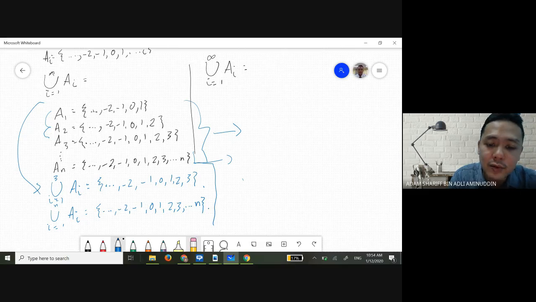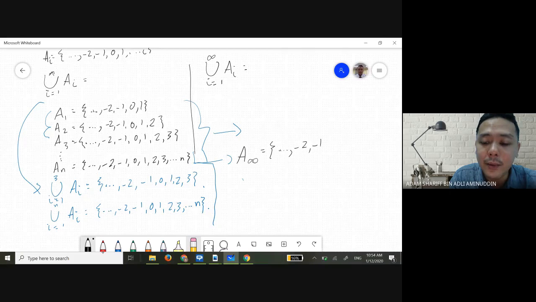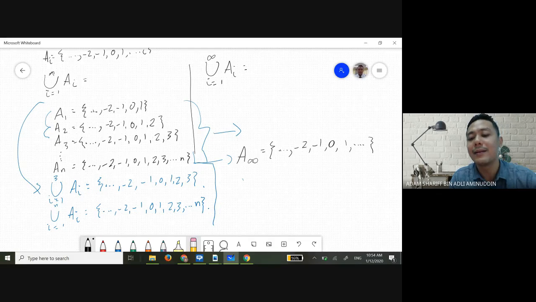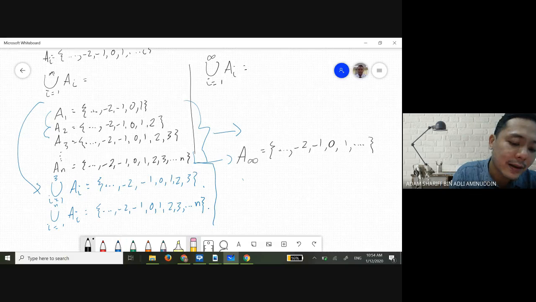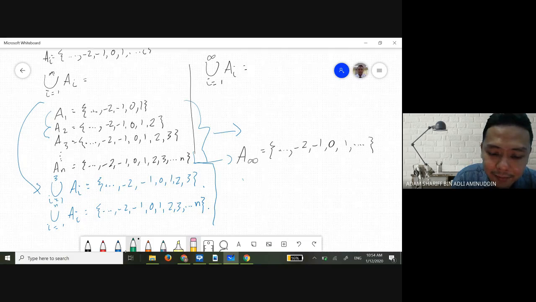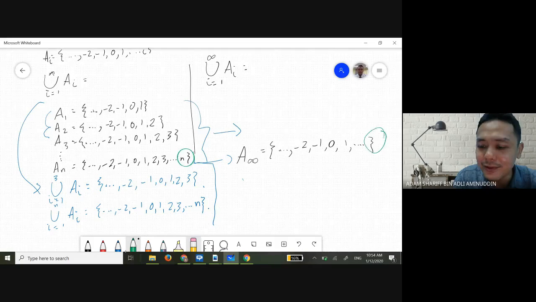So saya cuba letak what is A infinite. Then it will be something very negative, -2, -1, 0, 1 and a very large number. Maksudnya dia tiada penghujung. Ini je beza dia. So, ini ada n, ni tak ada penghujung. This is infinite.